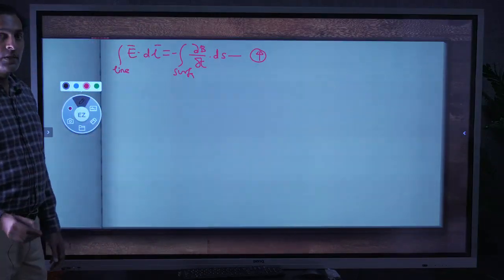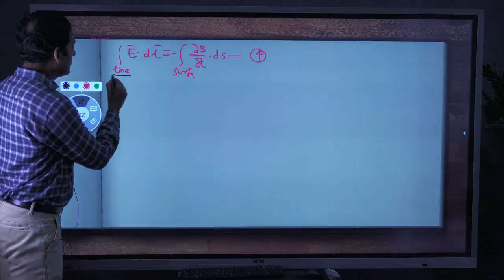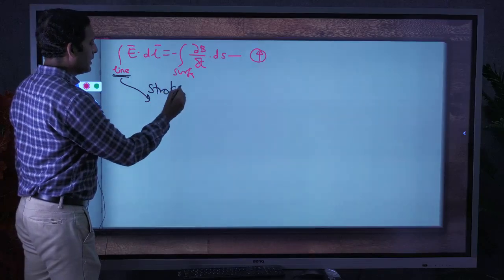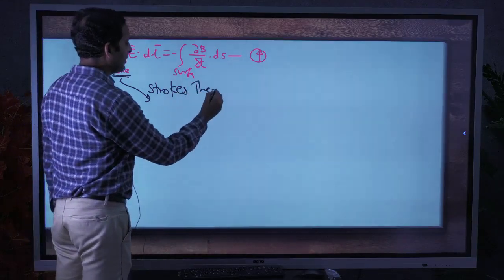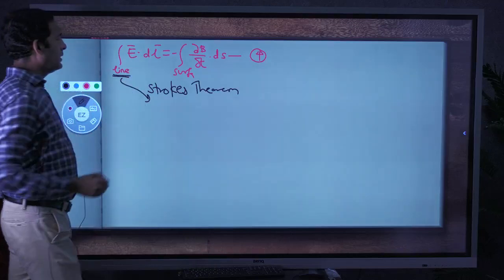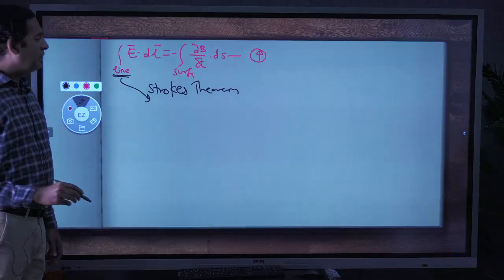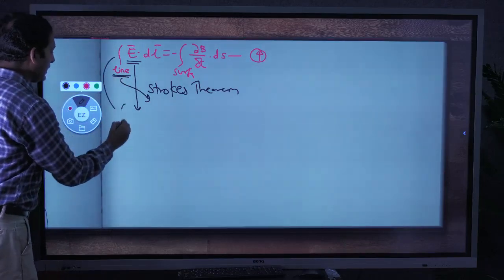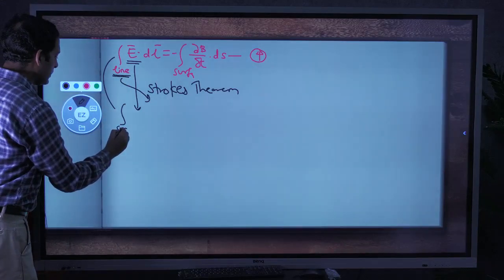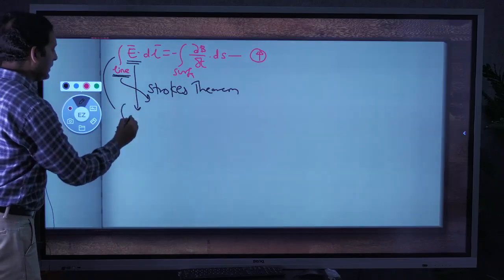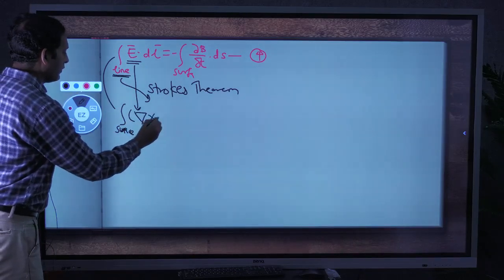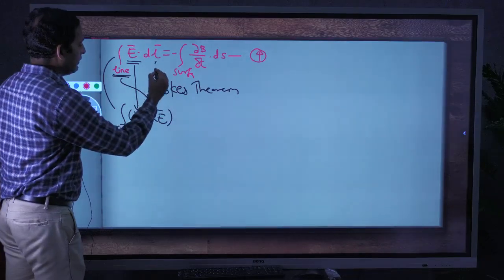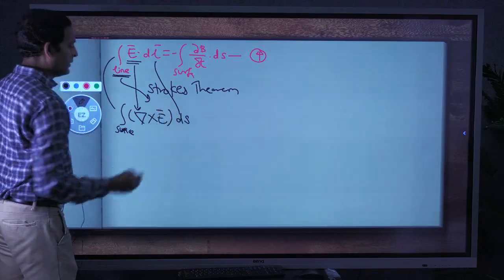Now applying Stokes theorem so that we can make this one as surface. What Stokes theorem says, we can convert this line integral into surface integral by taking the cross product. So we can convert line into surface by taking cross product of the vector, that is E bar. So this dl will become ds.